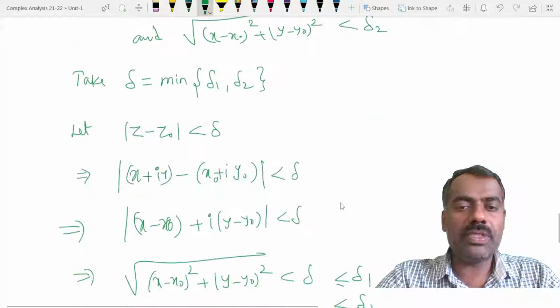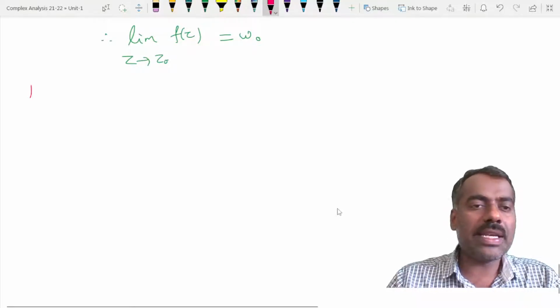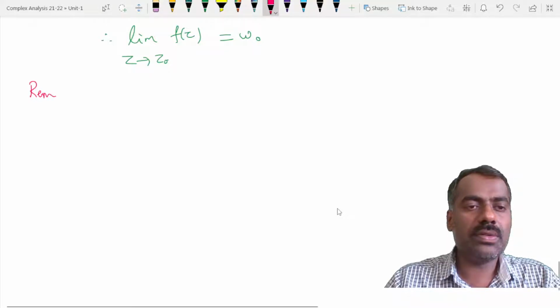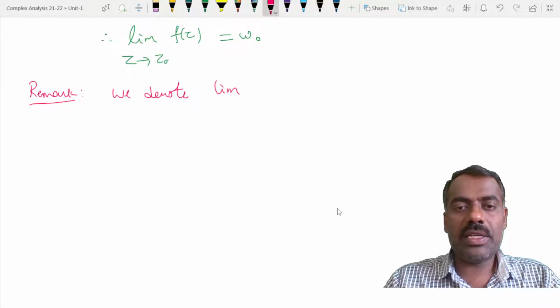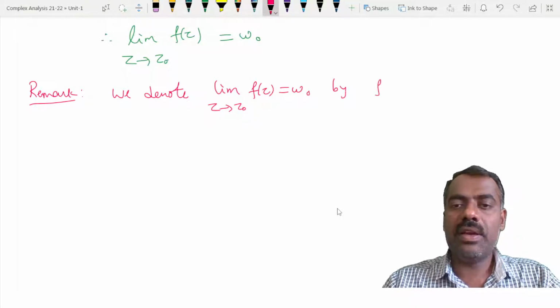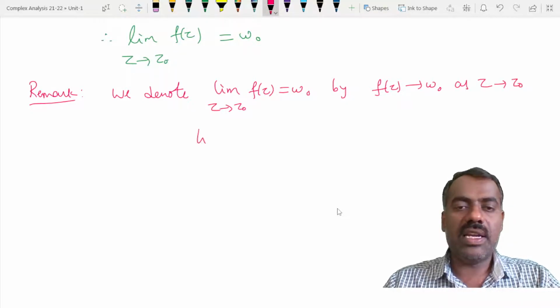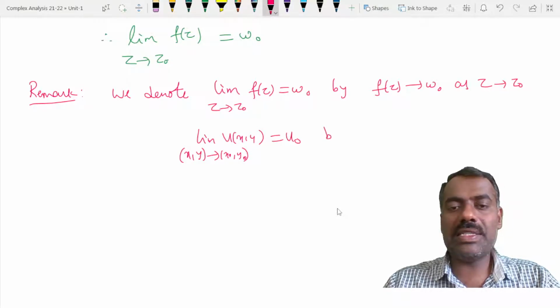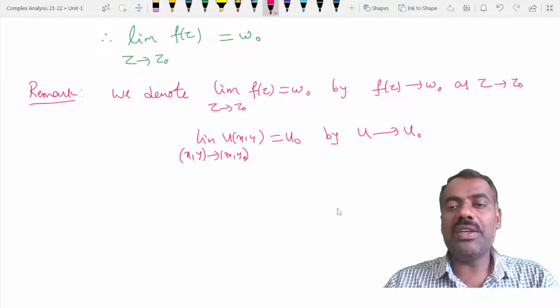If you simply give a notation, instead of writing limit every time, as a remark we denote limit of f(z) as z tends to z naught equal to w naught by f(z) tending to w naught as z tends to z naught, and limit of u(x, y) as (x, y) tends to (x naught, y naught) equal to u naught simply by u tending to u naught. This is understood. Similarly, v tending to v naught.